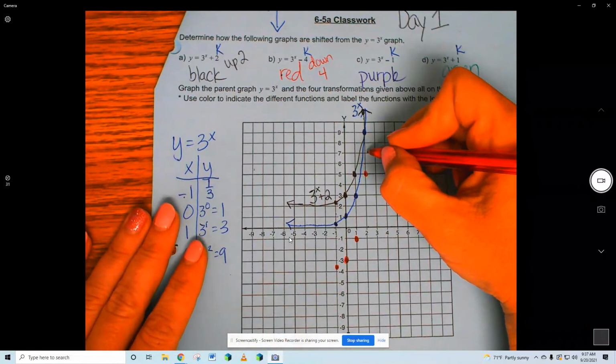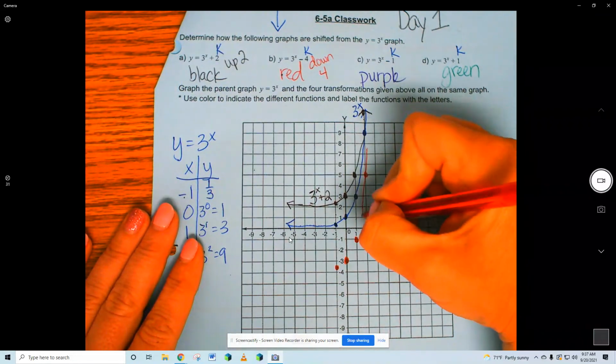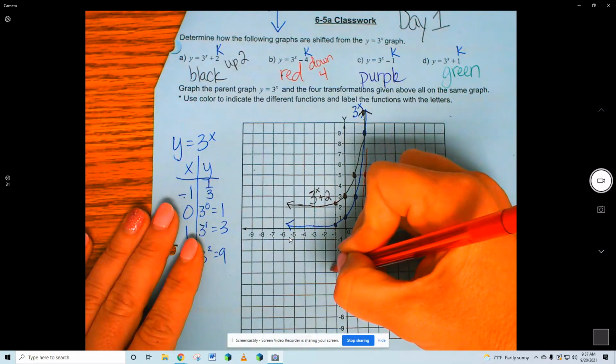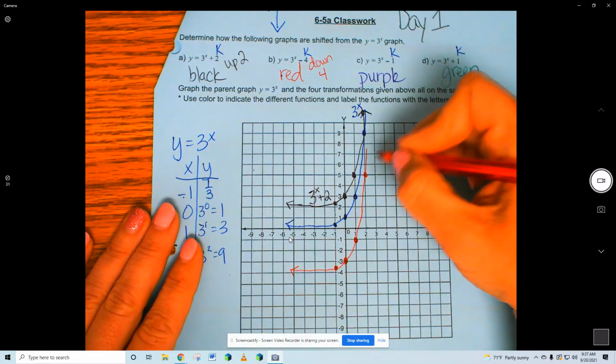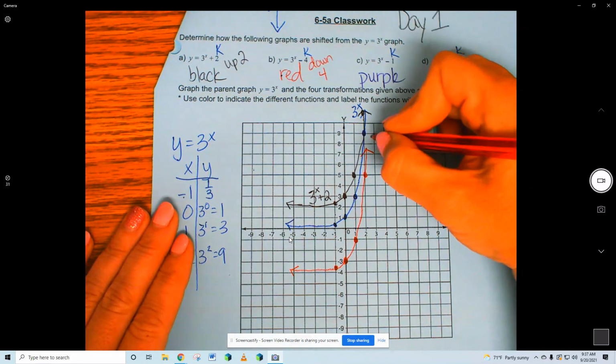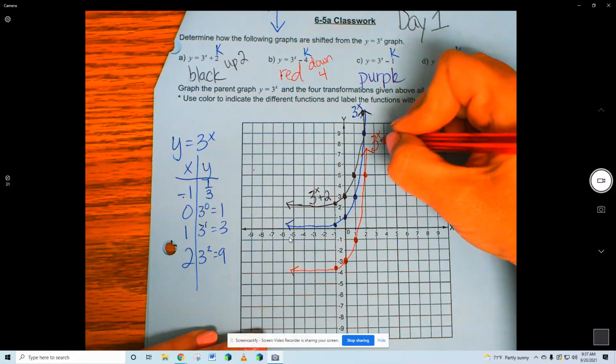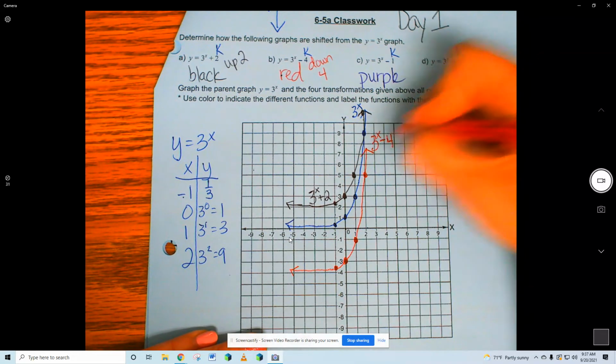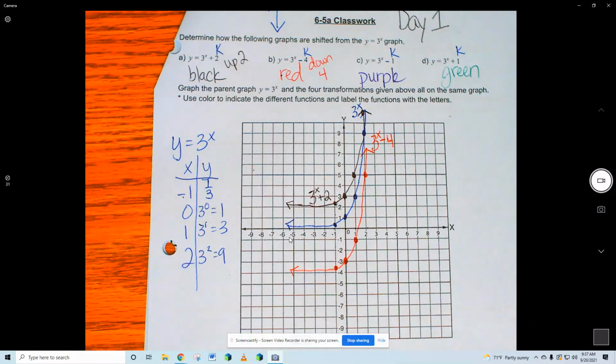And now my new asymptote is going to be at like -4. 3 to the x minus 4. Red.